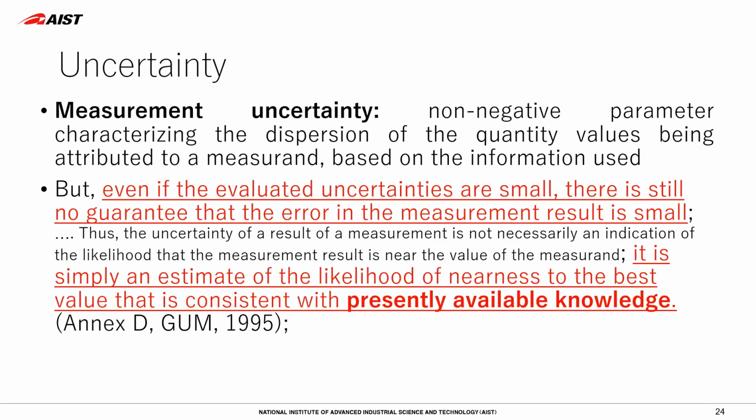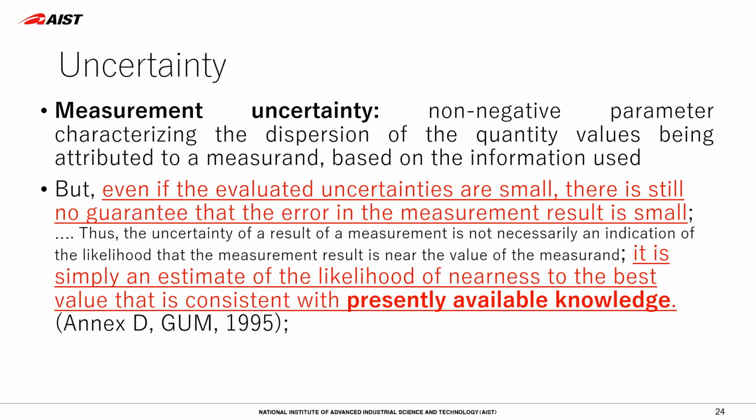However, many readers of that document may be confused by the additional note associated with the definition of uncertainty. It states, even if the evaluated uncertainty is small, there is no guarantee that the error in the measurement result is small. When you successfully complete your measurement campaign and luckily your uncertainty was small, don't get relief.